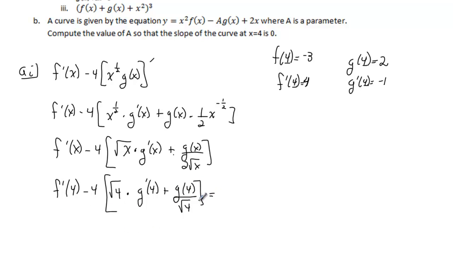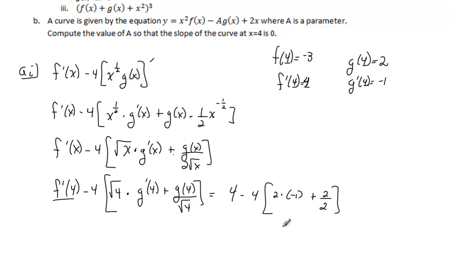So f prime of 4 is equal to 4. So we have f prime of 4, minus 4 times square root of 4, which is 2, times g prime of 4, which is -1. All I'm doing is plugging in everywhere I see this, plus g of 4, which is equal to 2, all over 2 times square root of 4, which is 2.